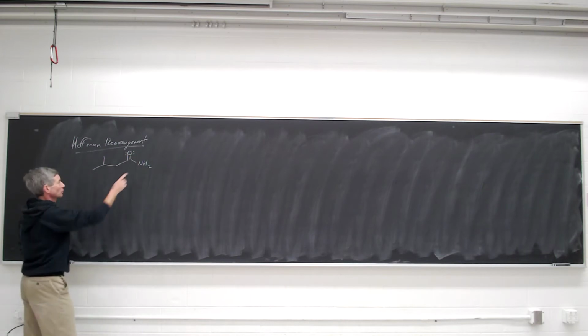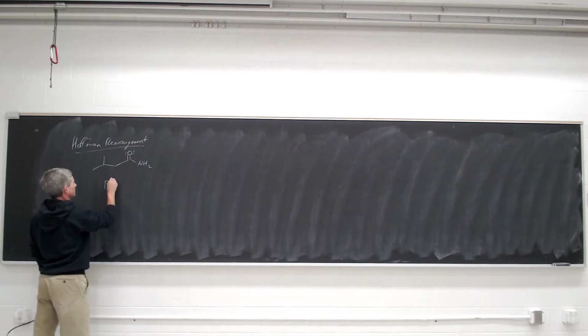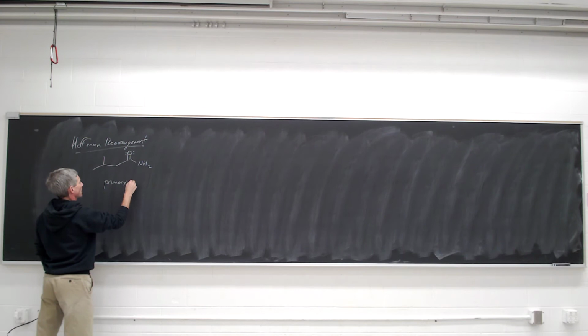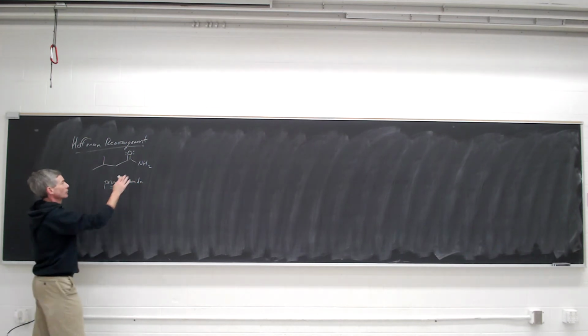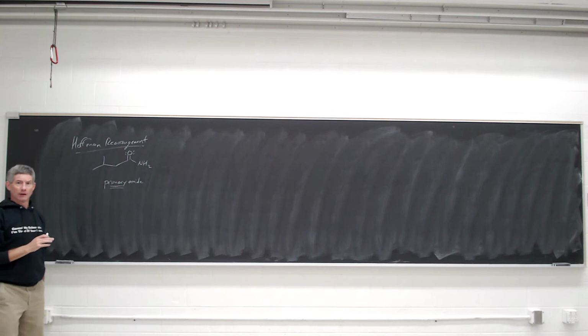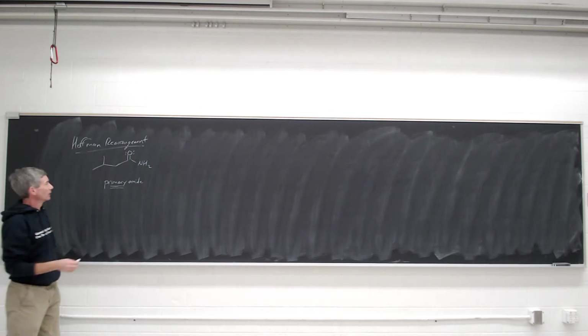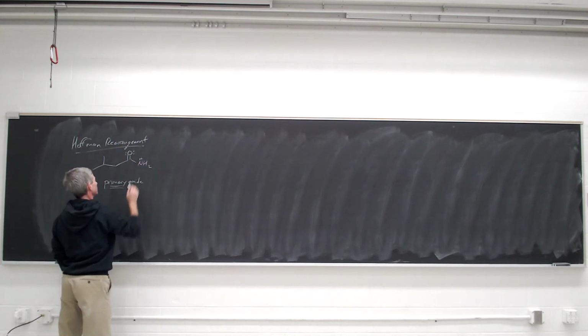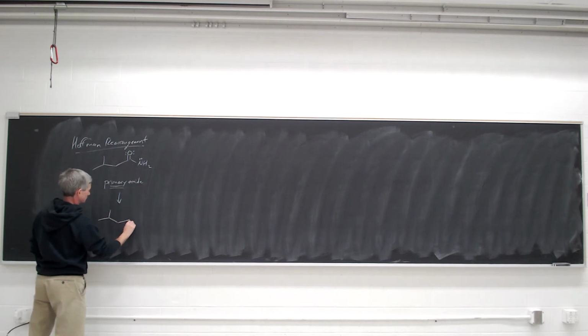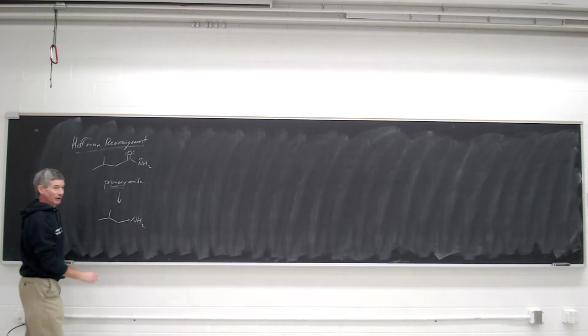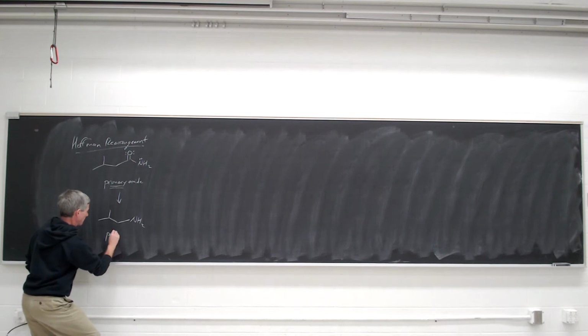It only works on primary amides, because it requires two protons that can be removed on nitrogen for this mechanism to occur, and generates a primary amine as a product.